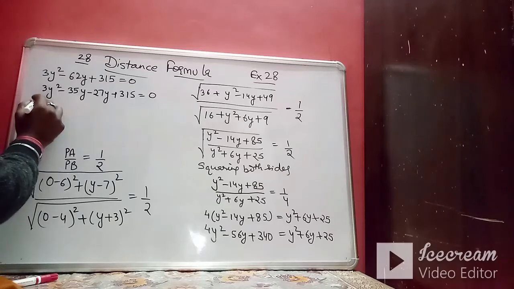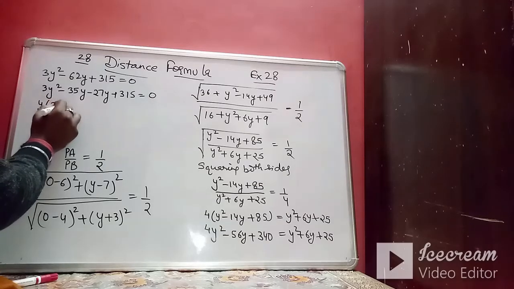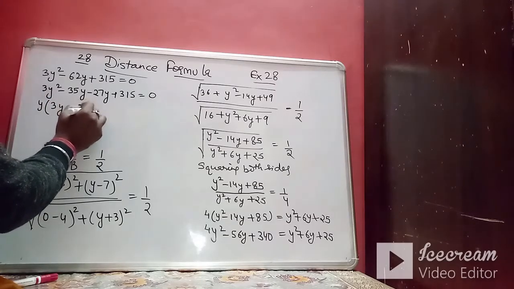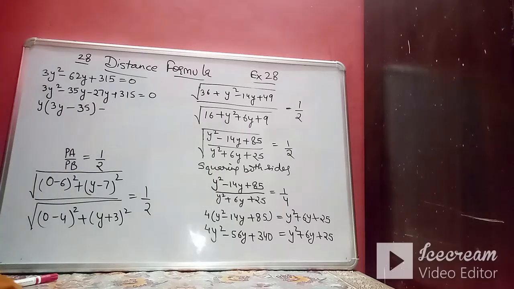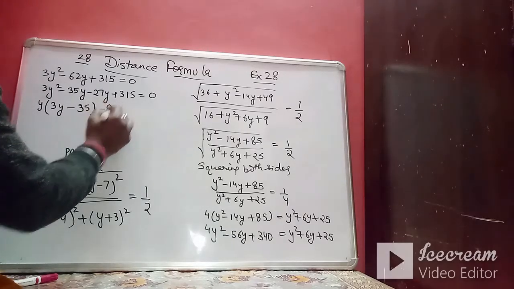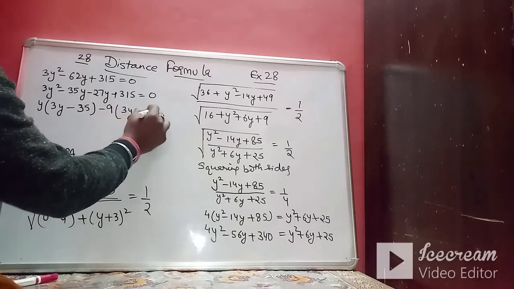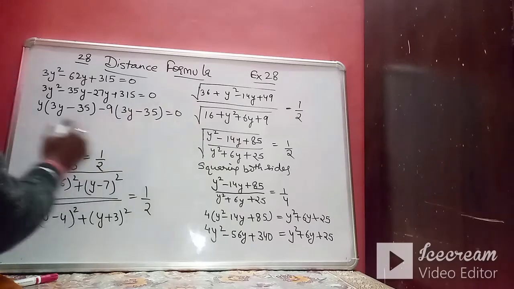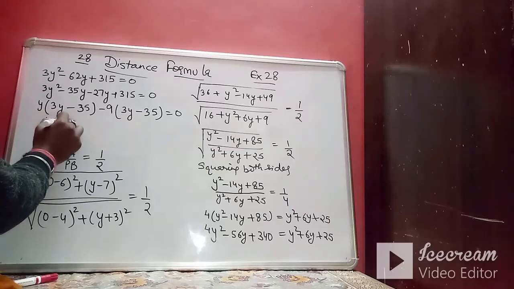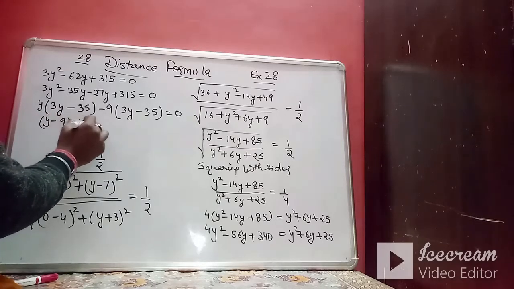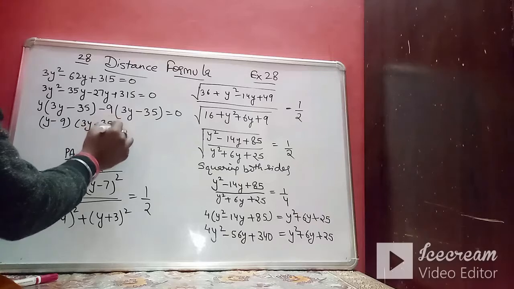From here we will take y as common, so it is y into 3y minus 35. From here we will take 9 as common, so it is minus 9 into 3y minus 35. So y minus 9 and 3y minus 35 equals 0.